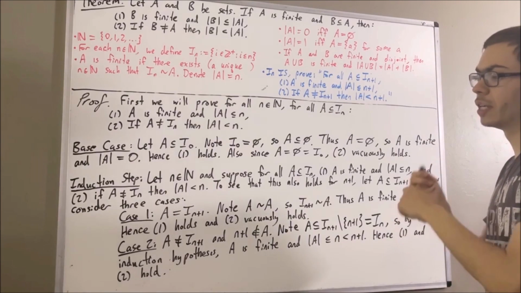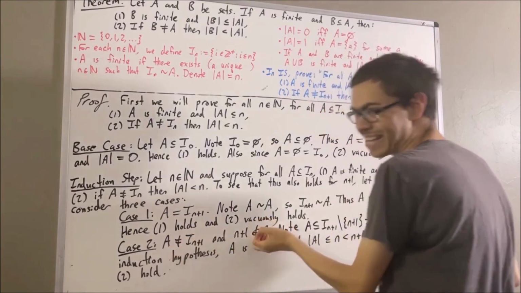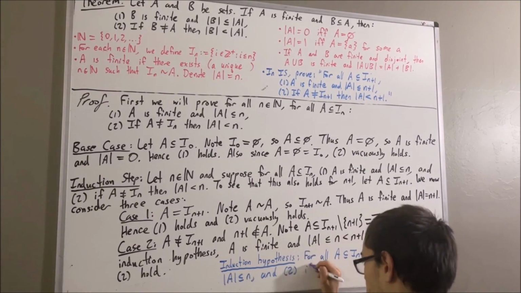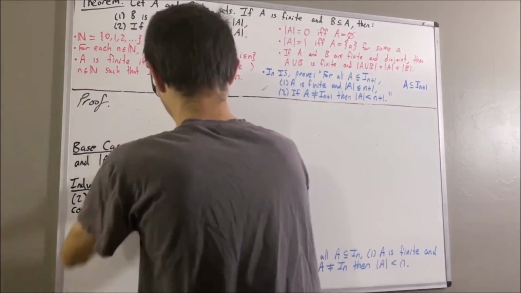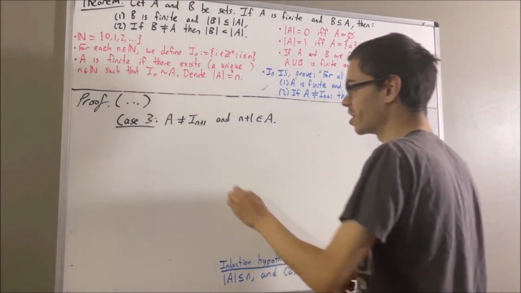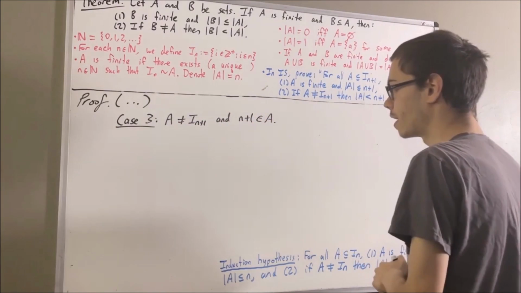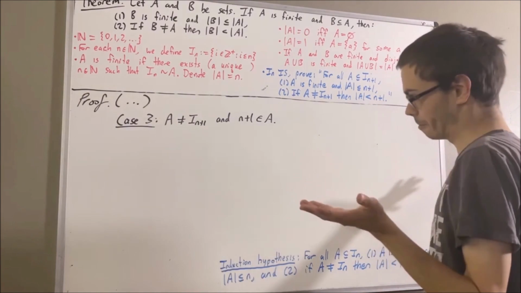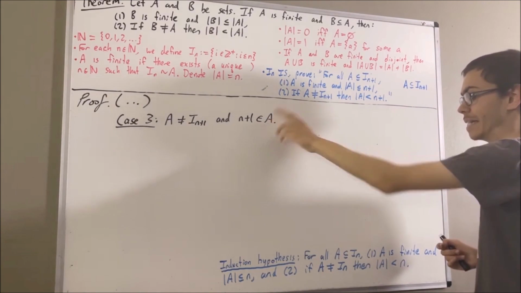Now we're going to move on to case 3, where A is not equal to IN plus 1, and N plus 1 is an element of A. Now, this case is probably going to be a little bit trickier than the first two cases, because we can't apply our induction hypothesis to A, because A is not a subset of IN.